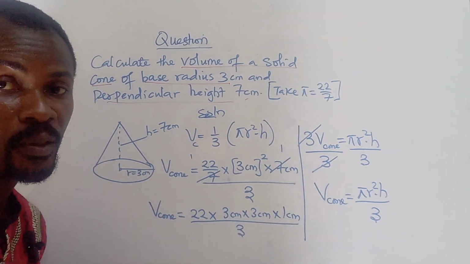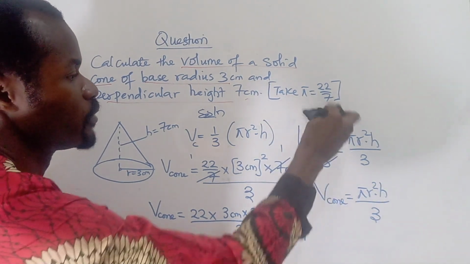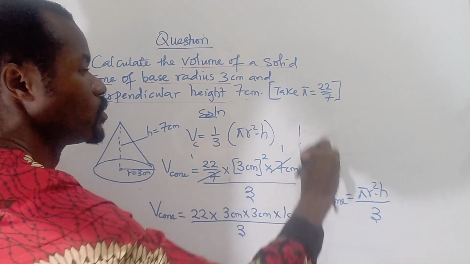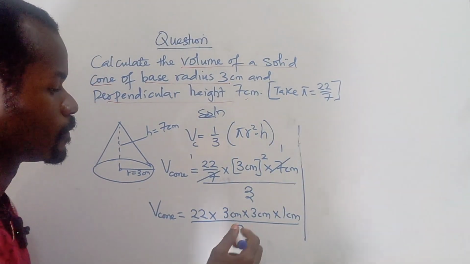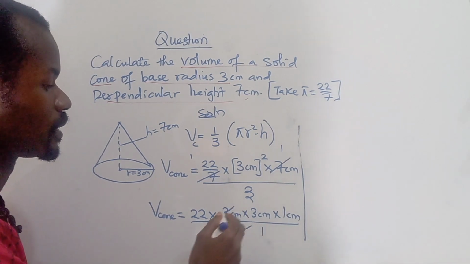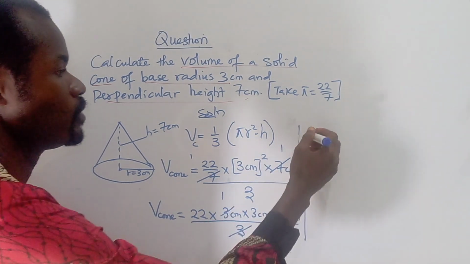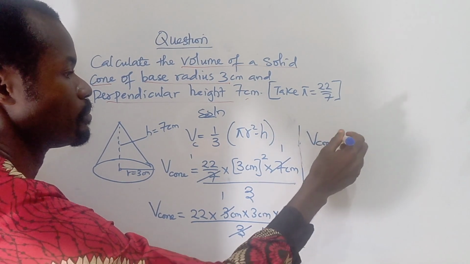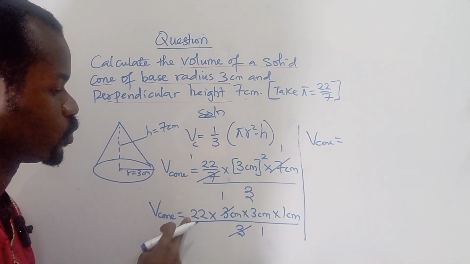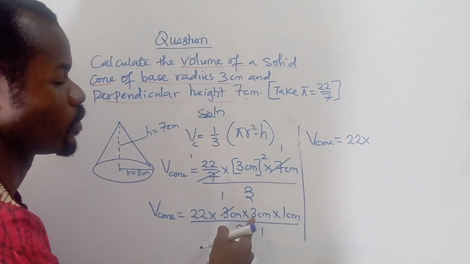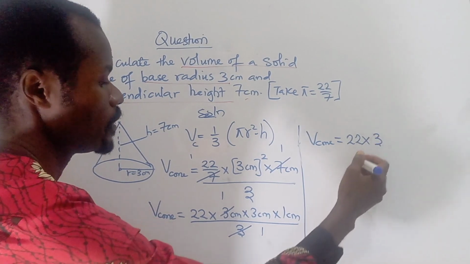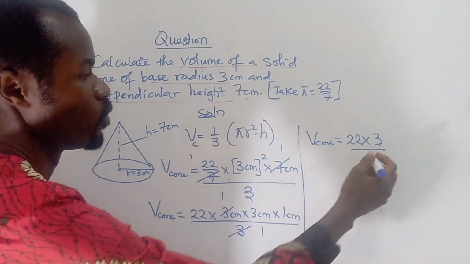Okay, now that we have that expression, we can simply get our answer. So 3 can cancel itself, 3 divided by 3 gives 1. So the volume of the cone becomes 22 times 1, which is 22, times 3, all over 1.